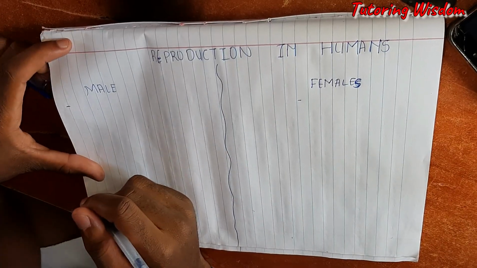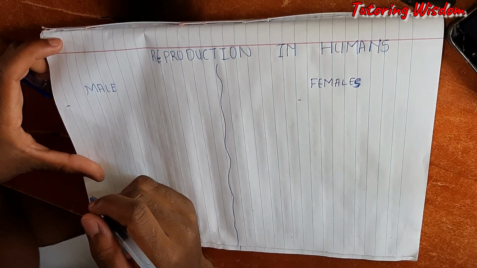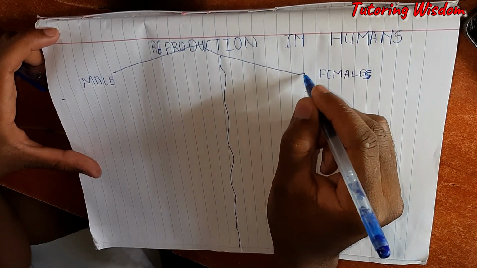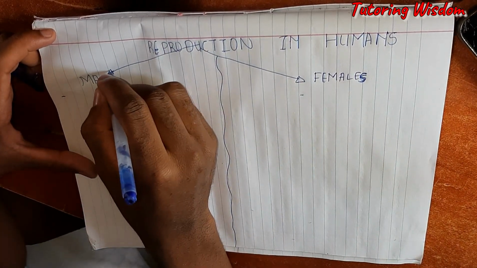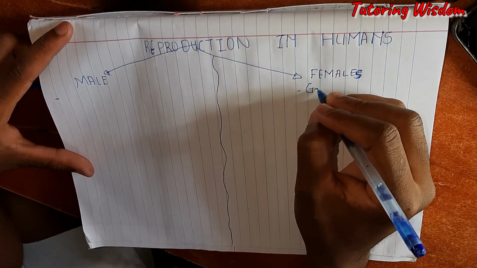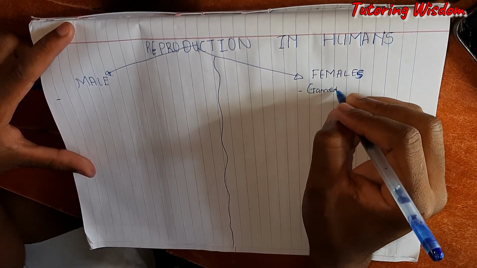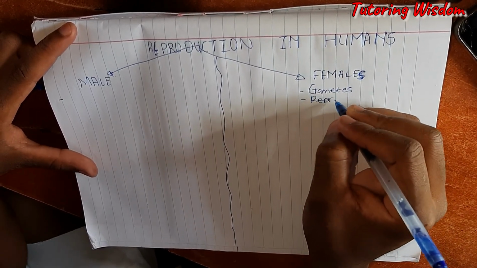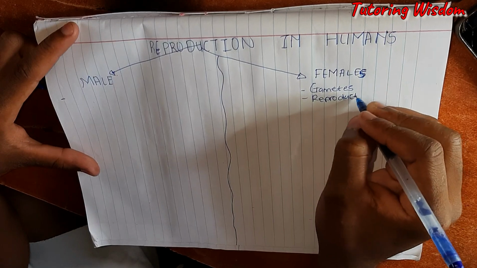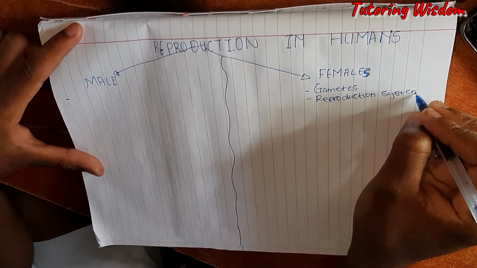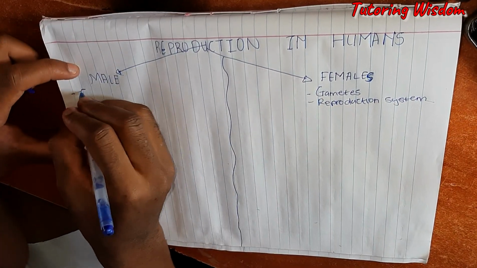Okay, so as we know, reproduction happens when both the male and female are involved. So for reproduction to take place, we need female gametes and the female reproduction system. And then in males, we also need the same thing.